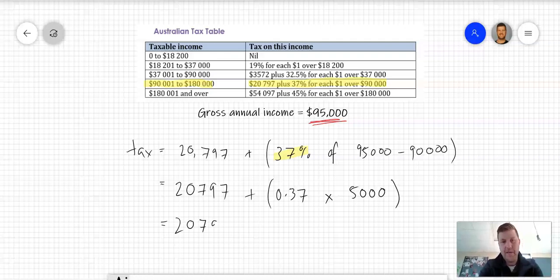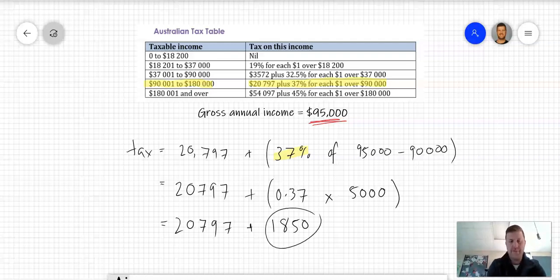So obviously the 20,797 remains the same, and we're going to add, I've already put this in the calculator, 1,850. So 37% of 5,000, or 0.37 times 5,000, is $1,850.